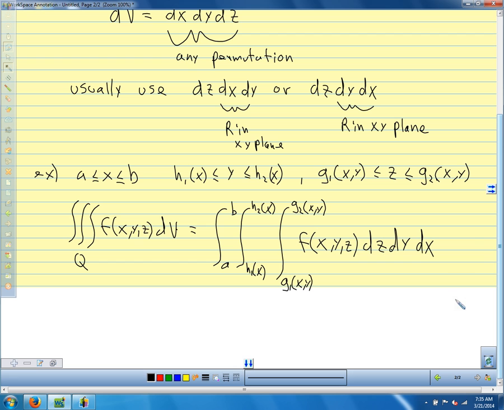And what triple integrals are going to allow us to do is, one, we can set triple integrals up to find volume fairly easily. The volume is just going to be the triple integral of dz, dy, dx. We'll talk a little later about our f of x, y, z being a density function, so we can find the mass of a solid region with a variable density by setting up a triple integral, and we can find moments of a solid about various axes and about various planes by evaluating a triple integral.